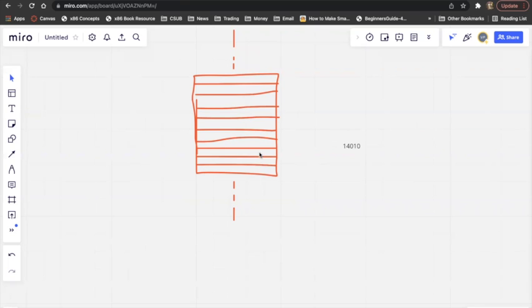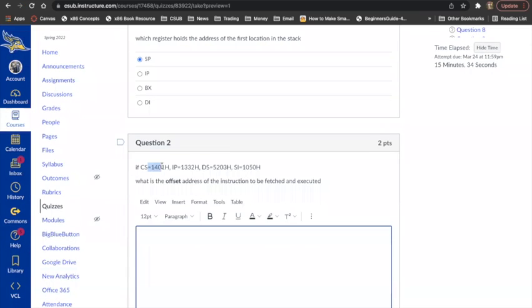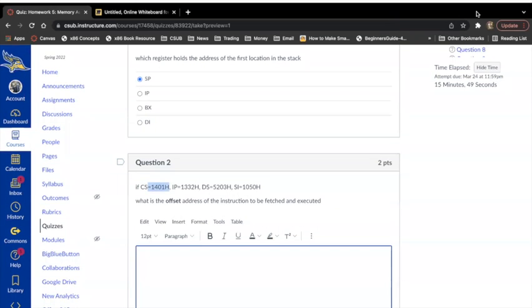So High Street, the street address, is basically like the code segment. It just tells you which block of the memory we are dealing with. Make sense? Then the IP, which is the instruction pointer, will tell you the exact address of my house.